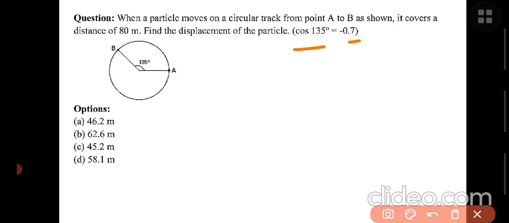Here is the picture and the particle is moving from A to B in circular motion. The four options are given: 46.2 meter, 62.6 meter, 45.2 meter and 58.1 meter. How to solve this problem?